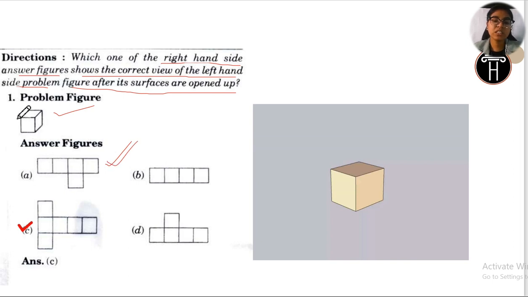As you can see, this is a dice and it has 6 faces. So first of all we will look for the answer figure that has 6 faces. This one has 5, this one has 4, this one also has 5, and this one has 6. So the correct answer is option C, 6.